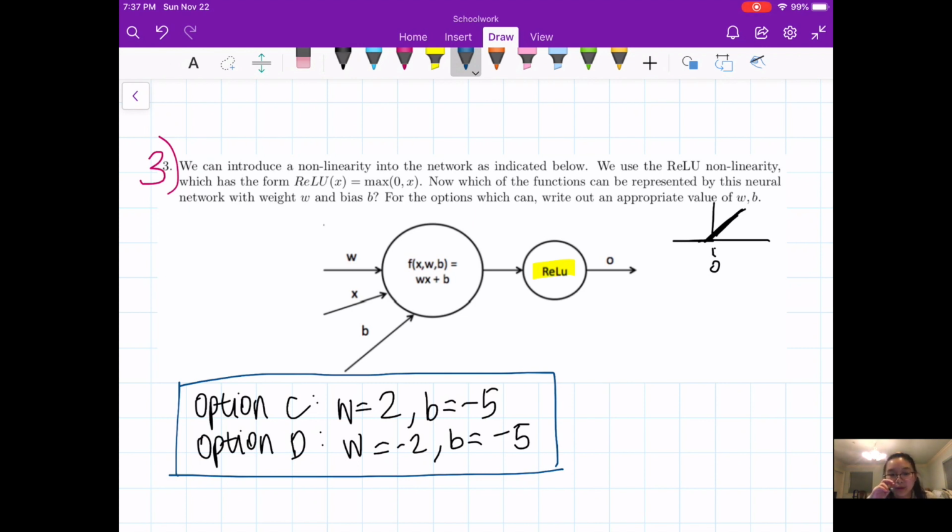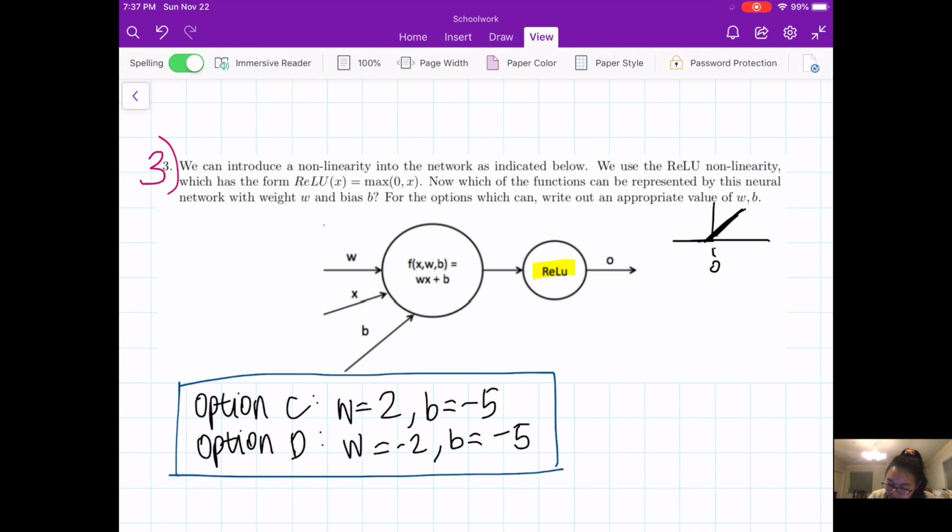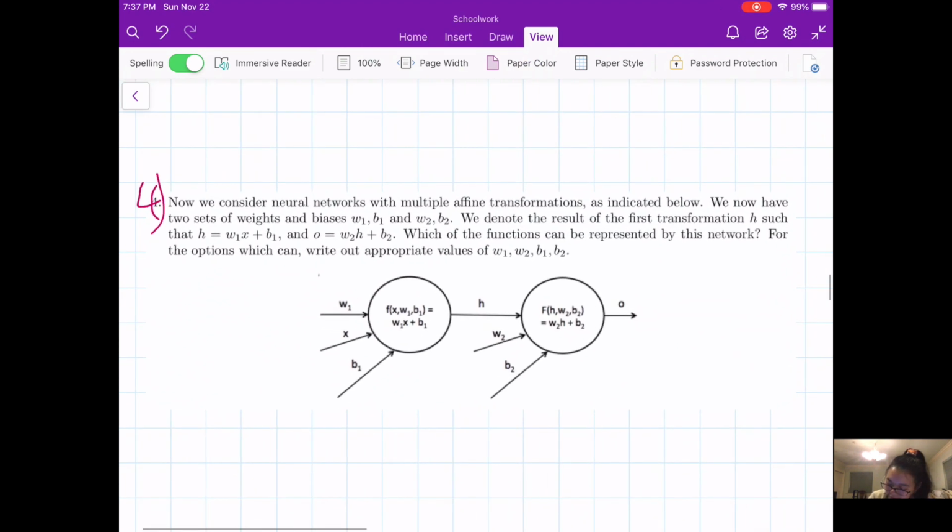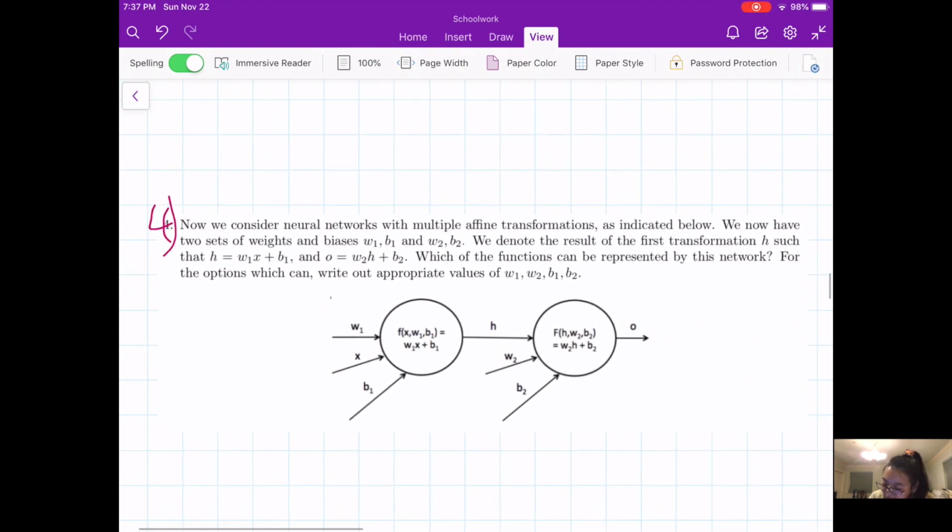And now let's move on to the fourth one. So now we no longer have a nonlinearity, but instead we have 2 layers because we have 2 different consecutive nodes, and they are both affine nodes because they both have a weight and a bias.